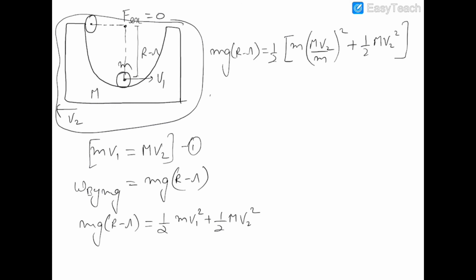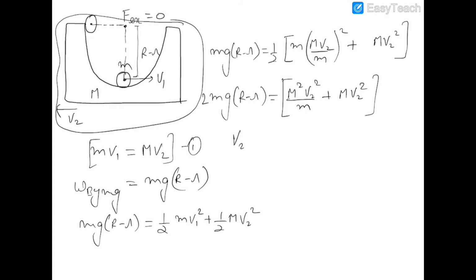So 2mg into R minus r is equal to M square v2 square by m plus M v2 square. So taking common v2 square, v2 square is equal to 2 m square g into R minus r upon M square plus M m.